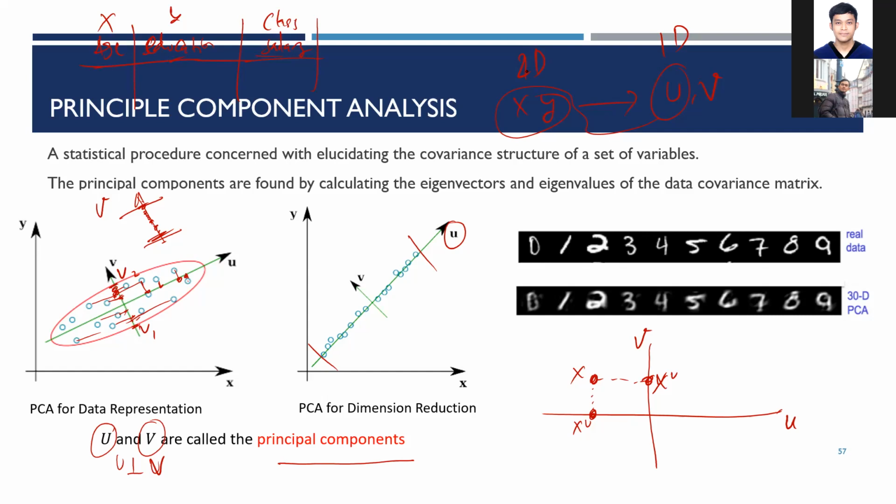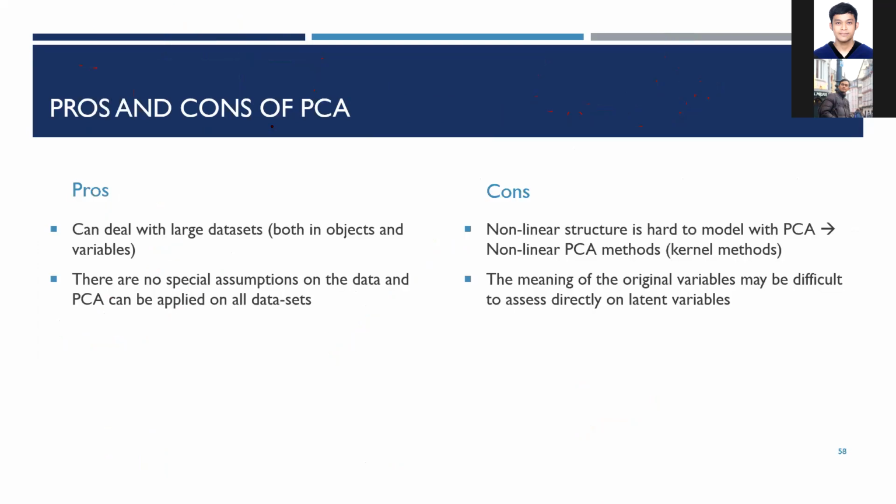Okay, so here, this one, pros and cons of PCA. The advantage of PCA, it can deal with large data sets. Okay, but then there are no special assumptions on the data, and PCA can be applied on all data sets.